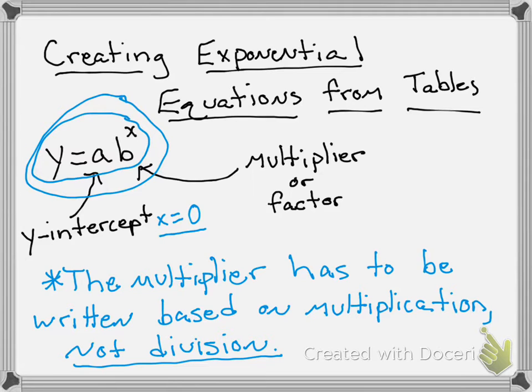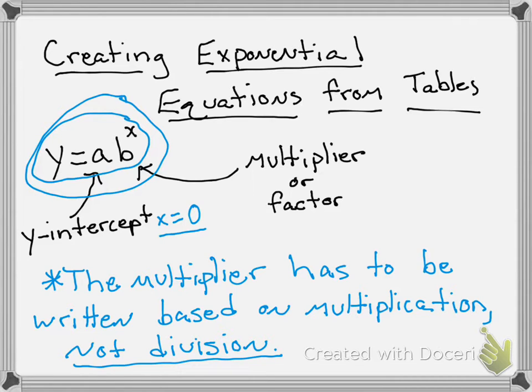And that word multiplier, multiplication, is key when you're making an equation. When you're looking at your y values and you're trying to figure out what you're multiplying by or dividing by each time, it's okay to think of division, but when you write the equation it always has to be written based on multiplication.